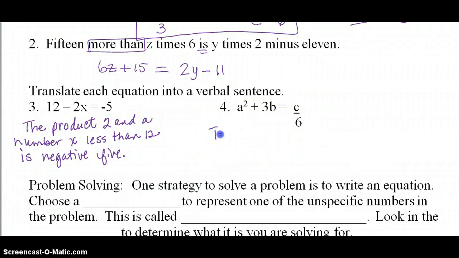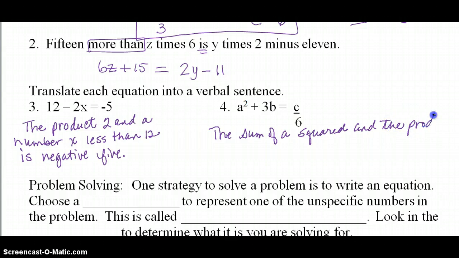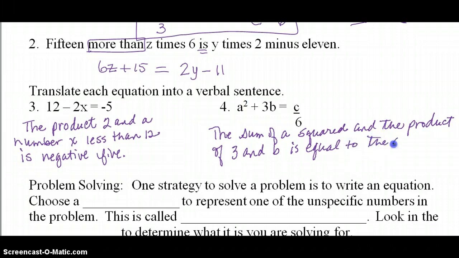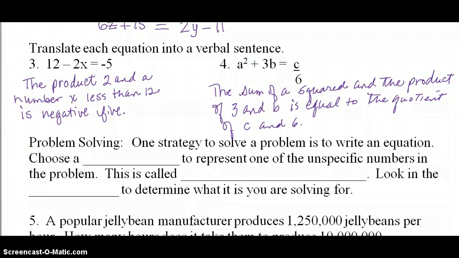So I'm going to say, as fancy as I can, the sum of a squared and the product of 3 and b is equal to the quotient of c and 6. Alright, so there's a couple of examples how to do that.